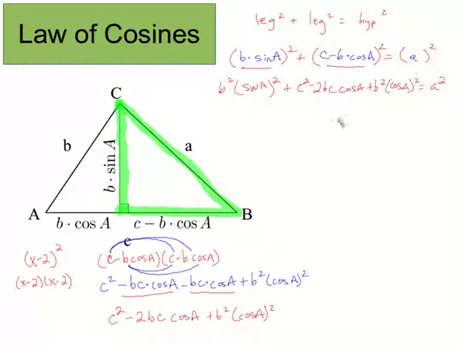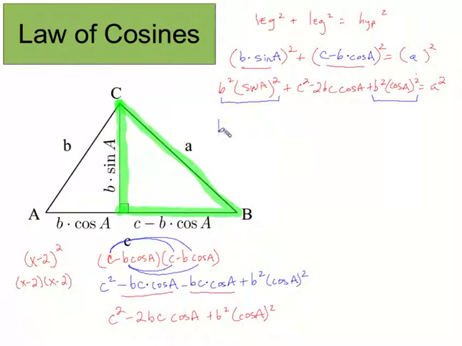Okay, now at this point we need to do a little bit of simplifying, and it may or may not come natural to you where we should go next. But as I look at this, what I notice is I've got these two things here that both look quite similar to each other. They both have a b squared and then times either sine or cosine of angle A squared.